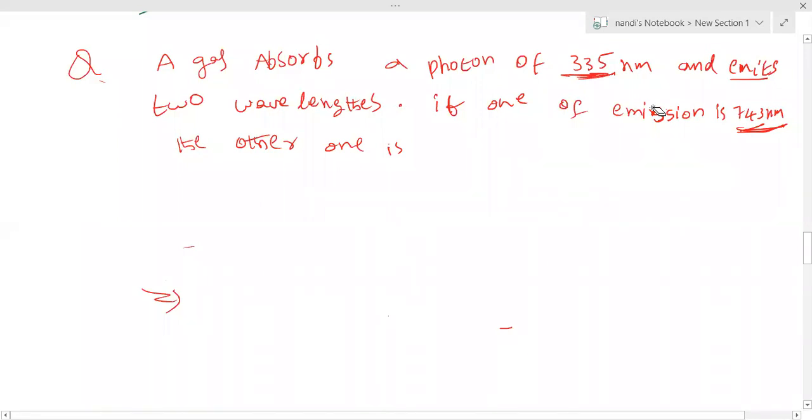So we can do a small thing now for energy derivation, sir.